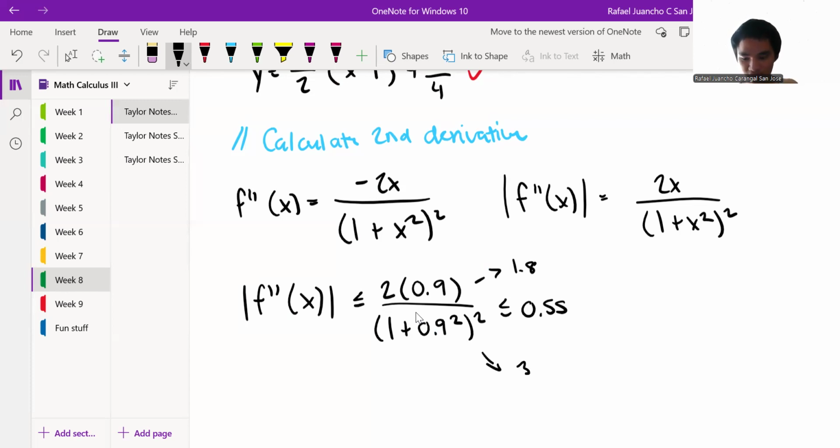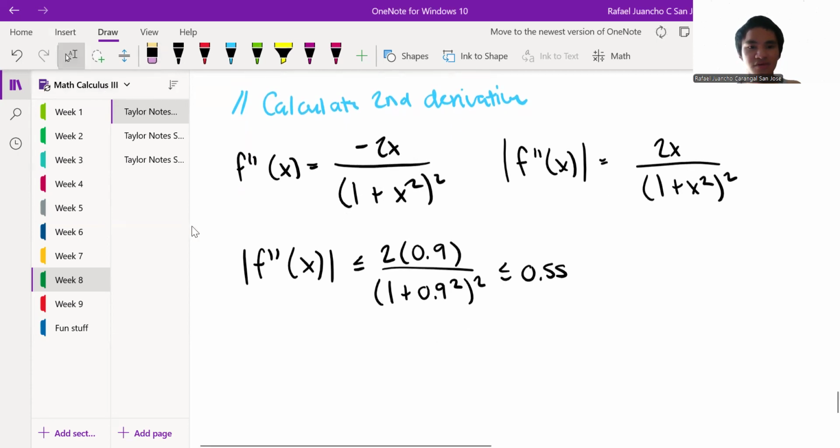This is 3.2761. Yeah, it's around 0.5494-ish. So 5.5. Again, we're just approximating at the end of the day, so it doesn't really matter. Oh, and so that's my M, right? So that's where we want to use this thing. We want to get the absolute value.